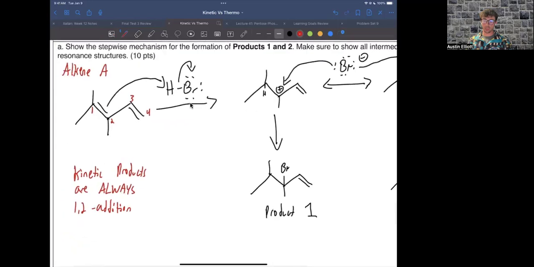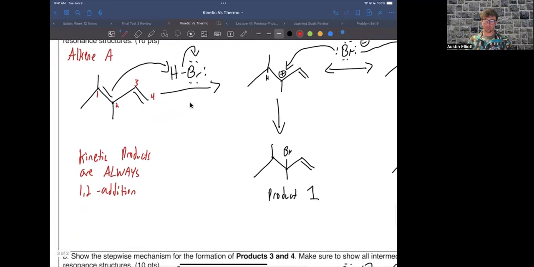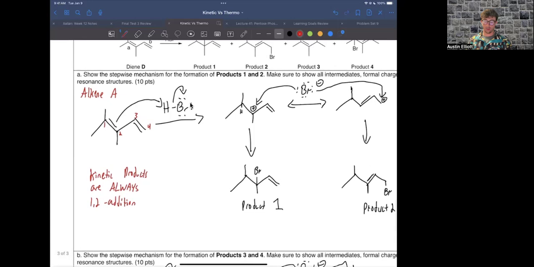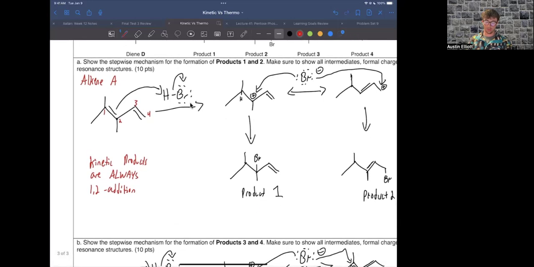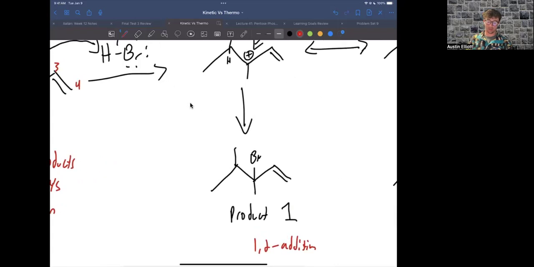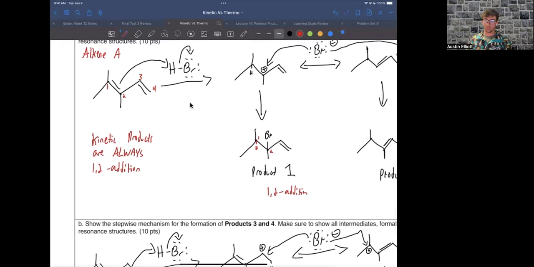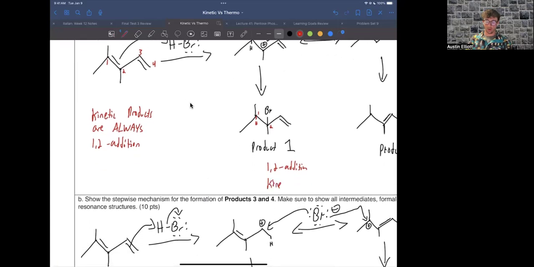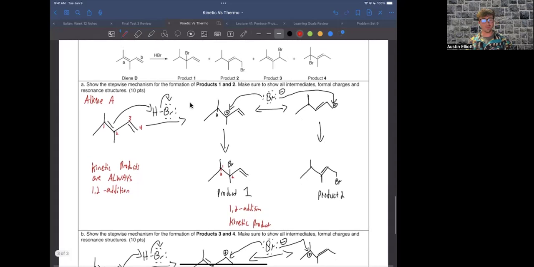So looking at that, our product one up here would be our 1-2 addition. If we look here, technically a hydrogen was added right here. So this would be the one and then our two. And this would be a kinetic product. And then looking over here, thermodynamic products are usually the 1-4 addition products.